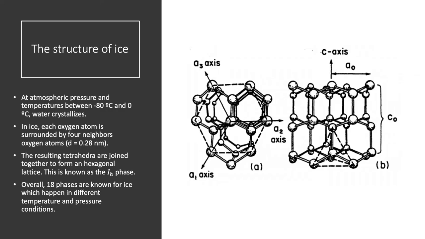In general, each oxygen atom in ice is surrounded by 4 neighbor oxygen atoms, and there's a distance in this crystal that is roughly between 20 and 30 nanometers. When you form these tetrahedra, where the vertices are the oxygen atoms, you then have multiple ways to combine these tetrahedra, and these, in turn, give rise to different types of ice.